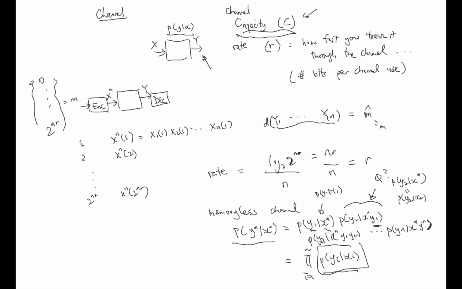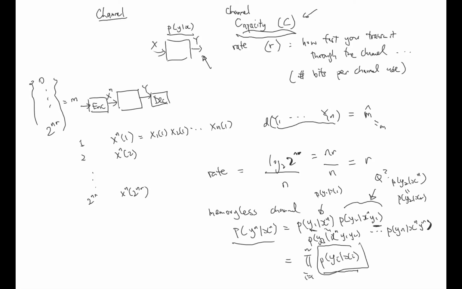Now I talked about this capacity, but I jumped ahead to give the capacity and I forgot to define it. You may guess what the capacity will be. It turns out the answer is pretty intuitive.